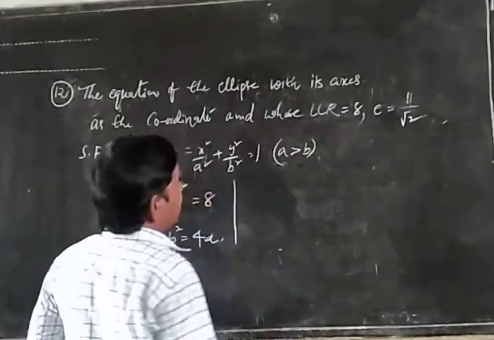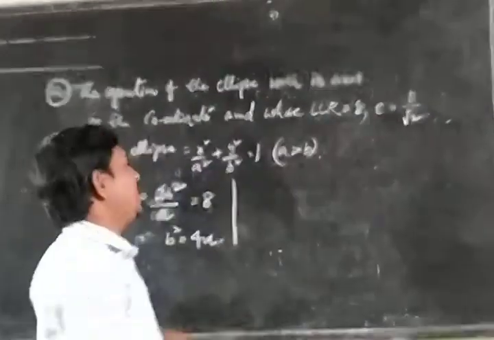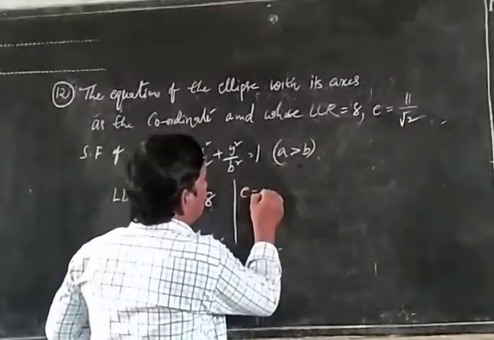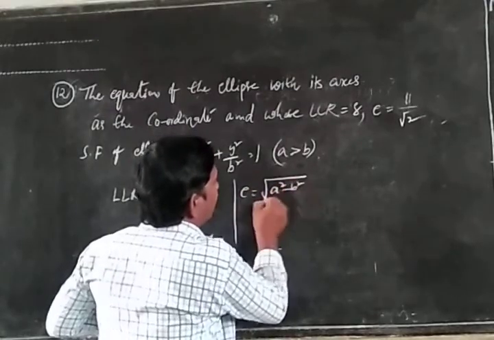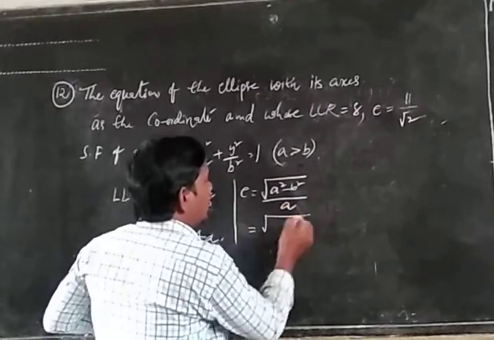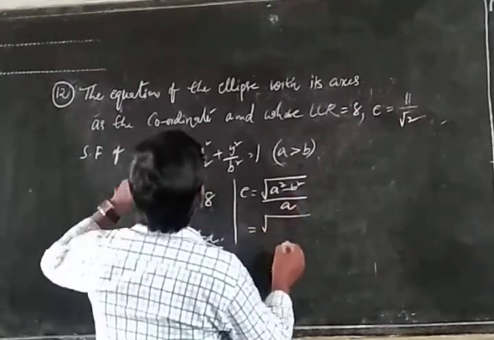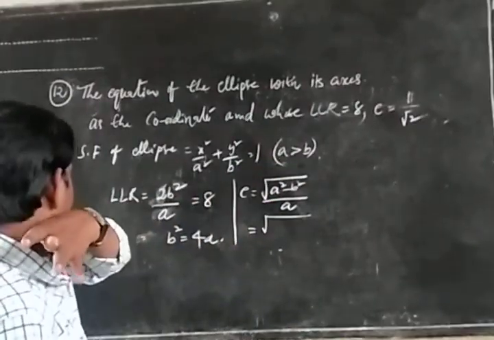And eccentricity, here a greater than b, so eccentricity equal to root of a square minus b square by a.